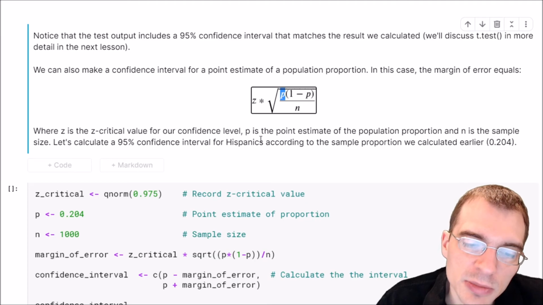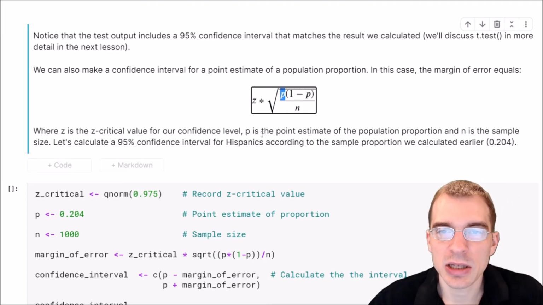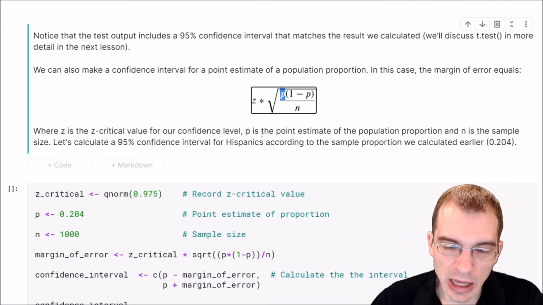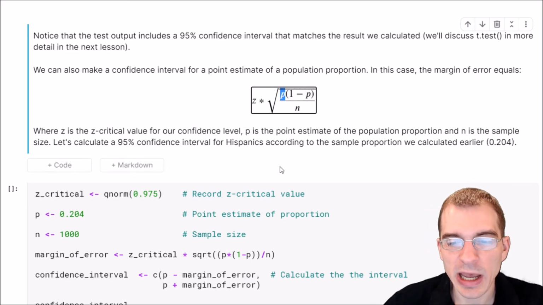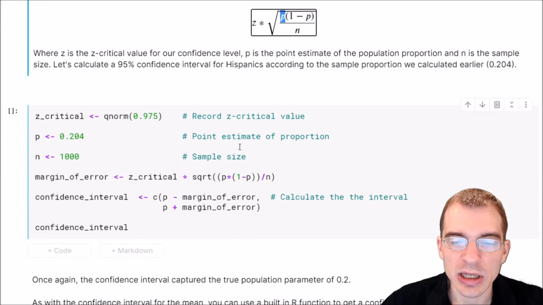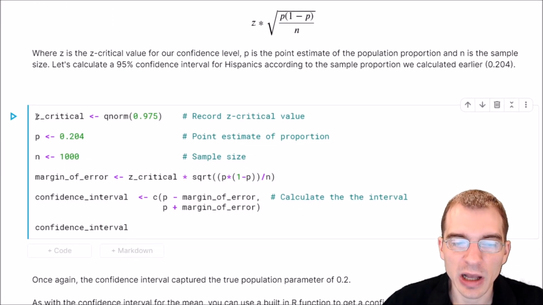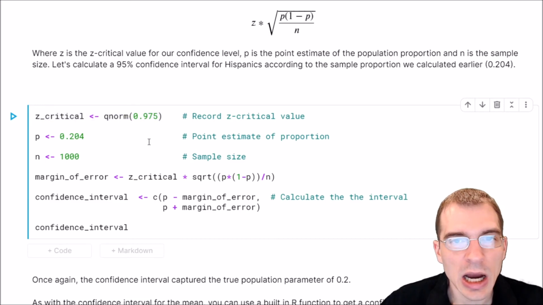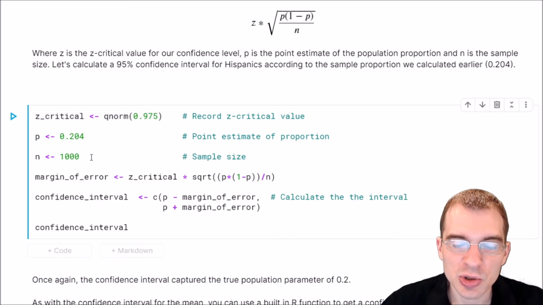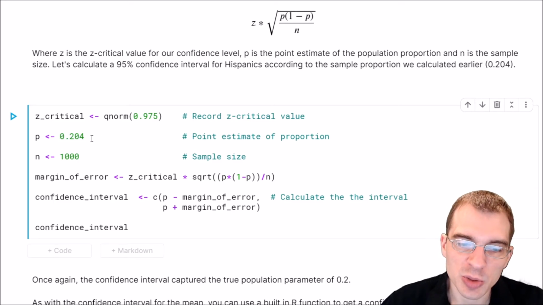calculate out the answer. So as an example, let's calculate a 95% confidence interval for the Hispanics group that we put into that data that we made earlier in the lesson. To do that, again, we can get our z critical value in the same way we did before. Our point estimate p, I'm not going to scroll all the way back up, but it was 0.204, so a bit bigger than 20%, which should be the actual population proportion.